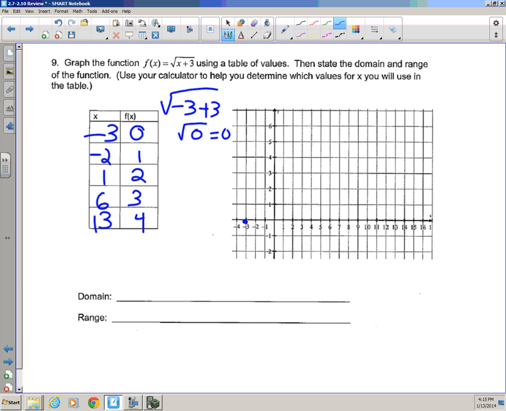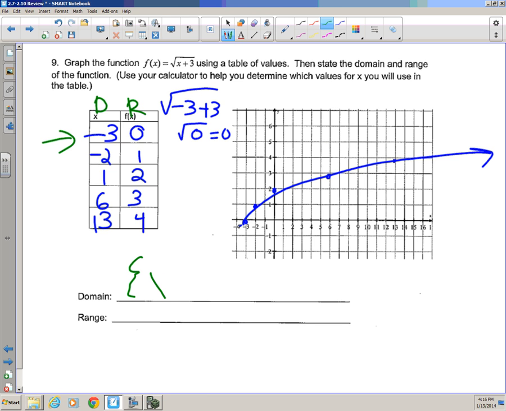So these are my graphable points: (-3, 0), (-2, 1), (1, 2), (6, 3), (13, 4). Remember, the graph was like this kind of curve, and it goes on forever and ever over to the right. Which means with my domain, the first point I could graph happens to be this -3.